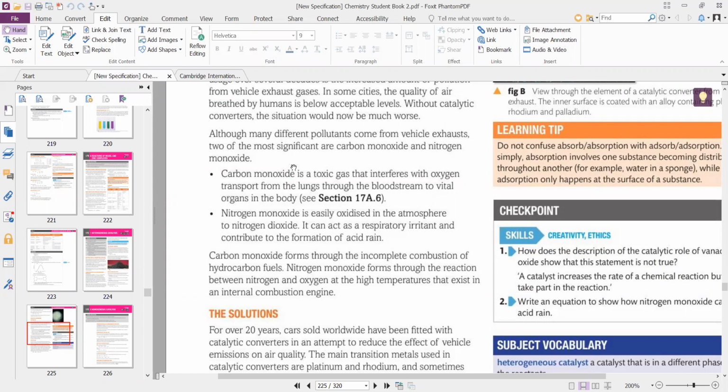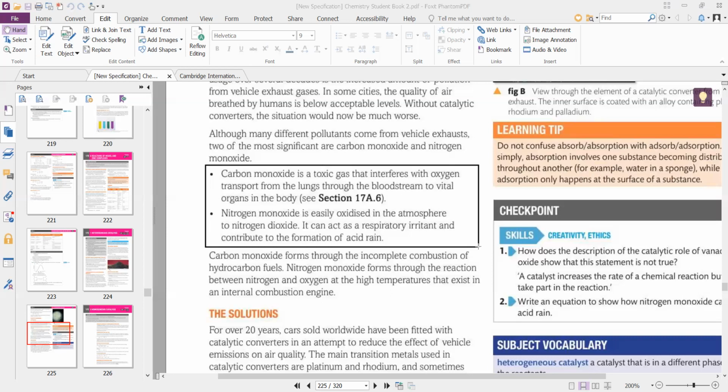Number 1 is carbon monoxide. Another one is oxides of nitrogen, that is nitrogen monoxide. So carbon monoxide and nitrogen monoxide.